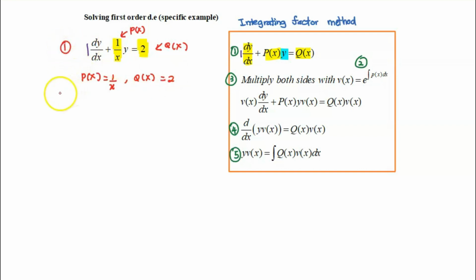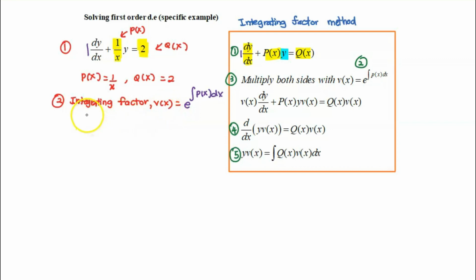First step is over. Now let us move into step number 2, in which we need to find the integrating factor. The integrating factor is denoted as V of x, which we find using the formula exponent to the power of integral of p of x dx.